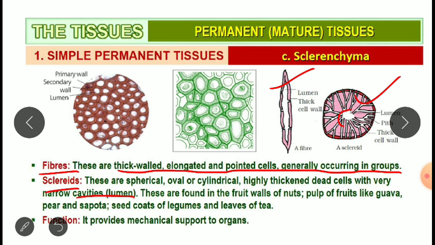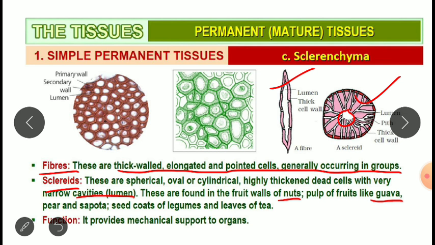So this central part is known as the lumen. They are found in the fruit walls of nuts. If you take nuts like your groundnut or your cashew nut or your badam, all these nuts have a covering over them, made up of sclerites. Also, in the pulp of fruits like guava or pear or sapota, we can see patches of the sclerites.